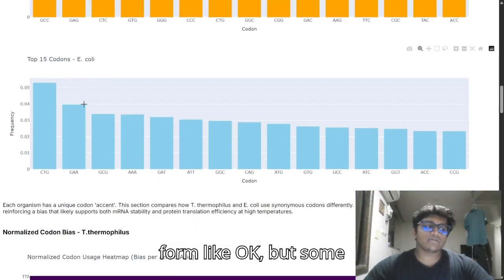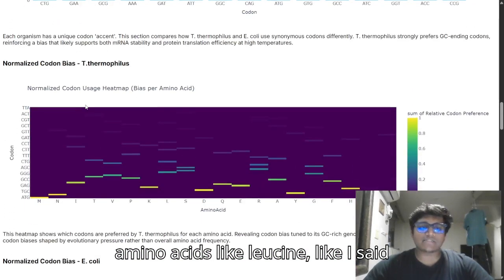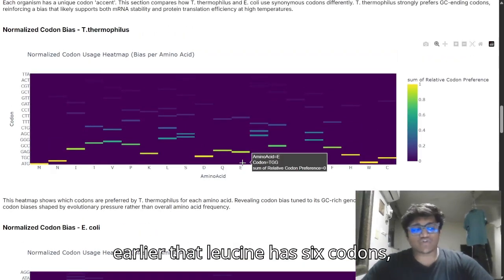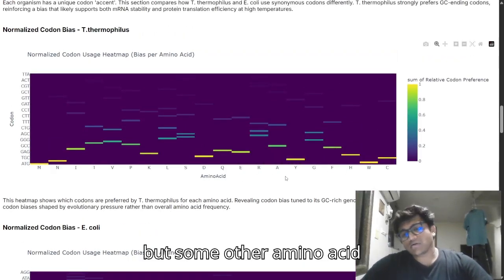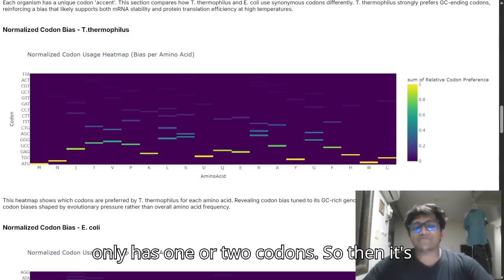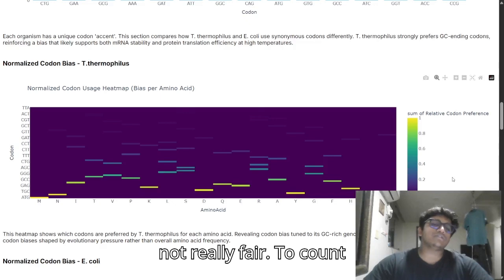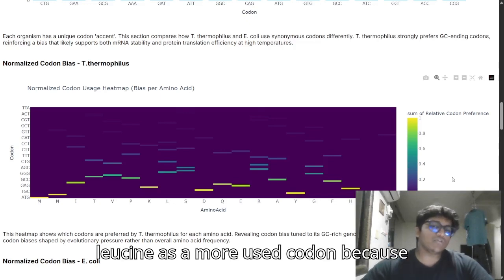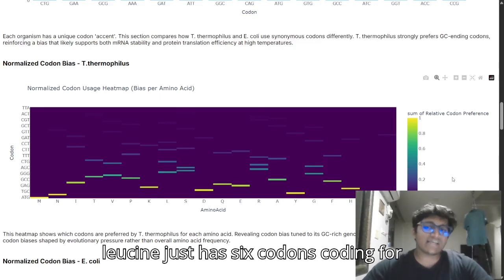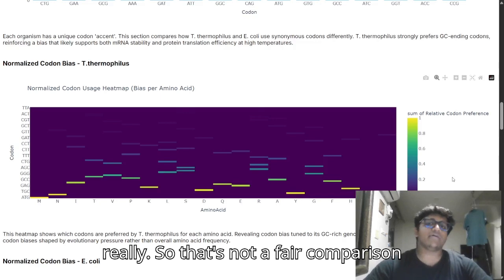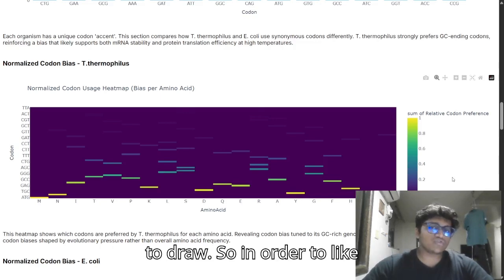Some amino acids like leucine have 6 codons, but some other amino acid only has 1 or 2 codons. So it's not really fair to count leucine as a more used codon, because it just has 6 codons coding for it. That's not a fair comparison to draw.